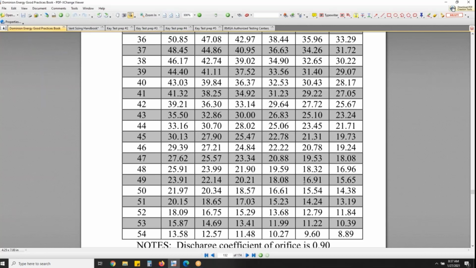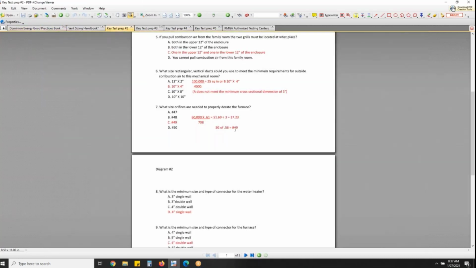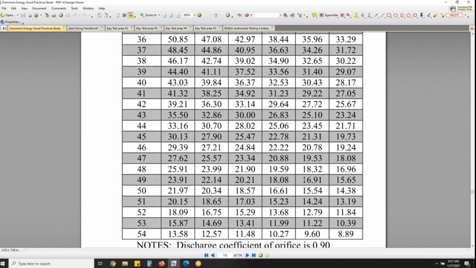Of those two choices, which one is closer to 17.23? 16.91, correct? Yeah. So with that one, you would just take your 17.23 and you would minus 16.91, see what that number is, or if you were looking at 48, you'd take 18.32 minus 17.23, and then whichever one of those numbers is closest, that's the one you go with, right?